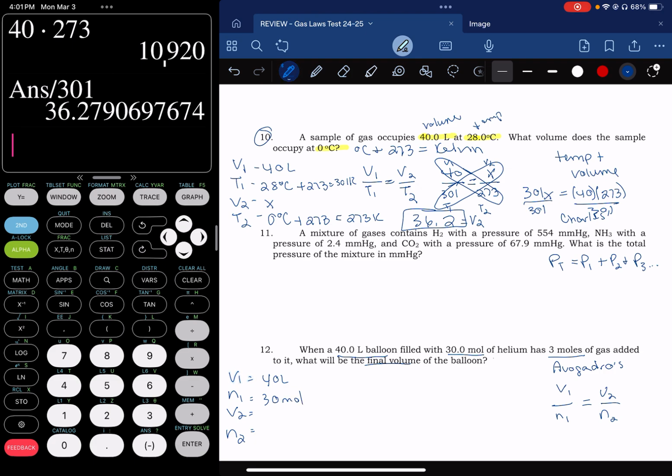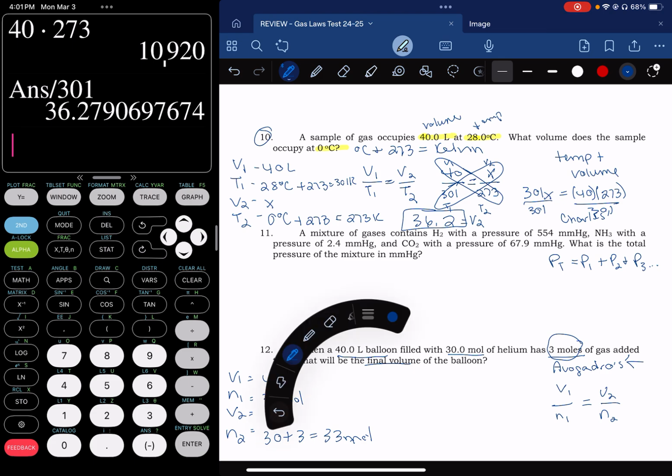Then it says 3 moles of gas added, so N2 is 30 plus 3, 33 moles. What I want you to remember is that with Avogadro's law, you often have to calculate that final number of moles by subtracting or adding. You just have to check the wording in the question, so that you don't accidentally make your final number of moles 3, because that's just the number of moles that you added. So watch out for that.